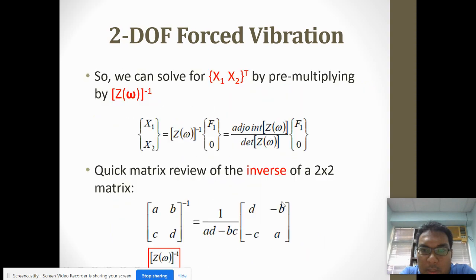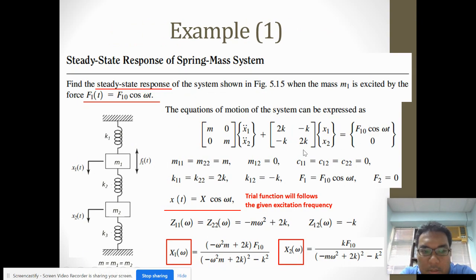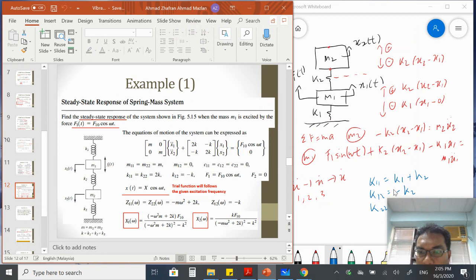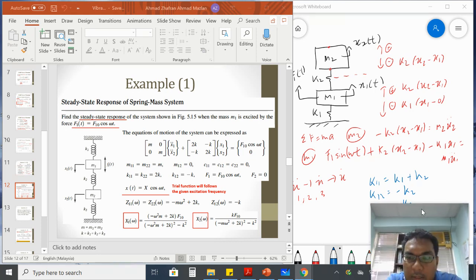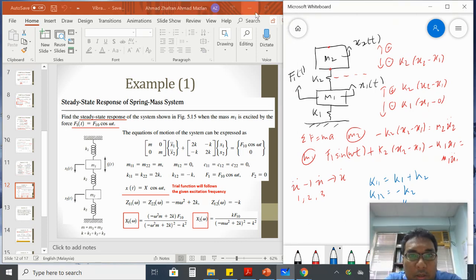So when I go back to here, this is the previous one. When you have k1 at this location, it is k1 plus k2. Minus k, you have minus k2 here. And for this, 2k is actually k2 plus k3. It also has 2k here instead of just 1k, because there's a k3 here. So that's the thing that you have to be alert about.